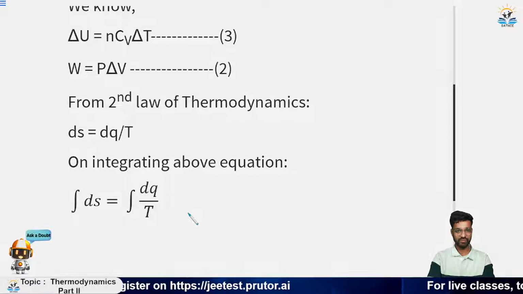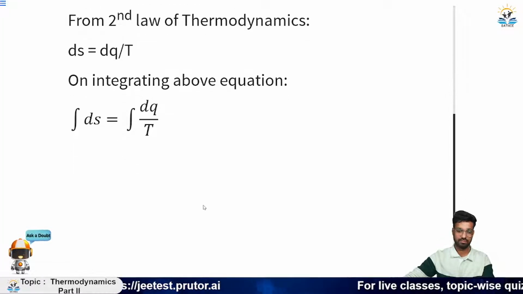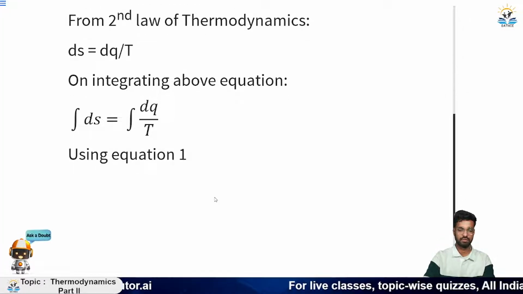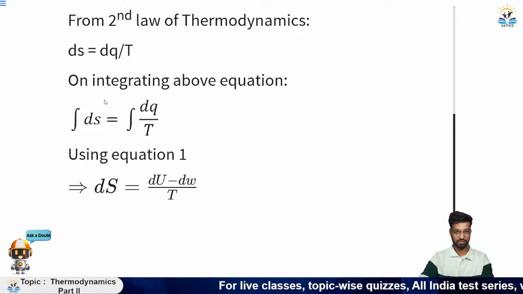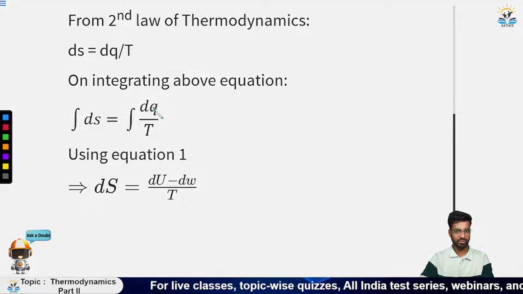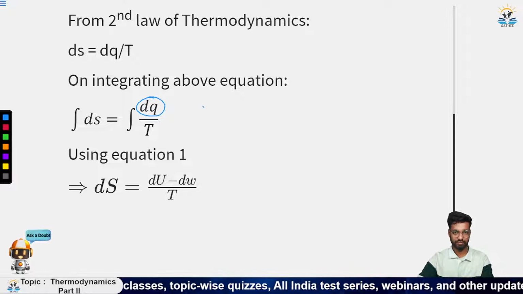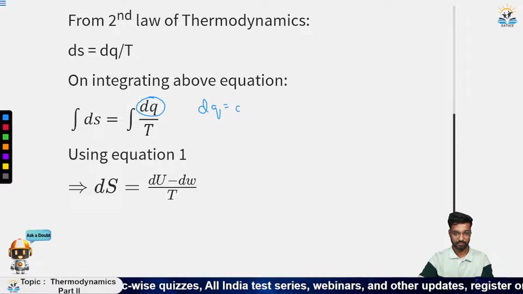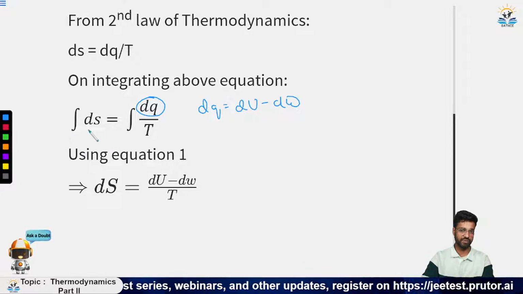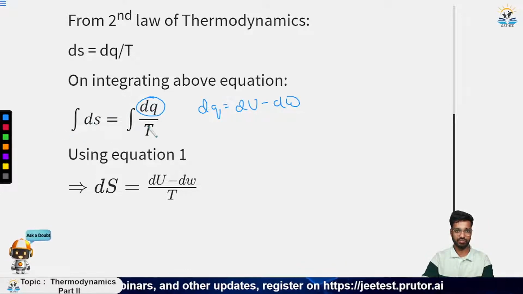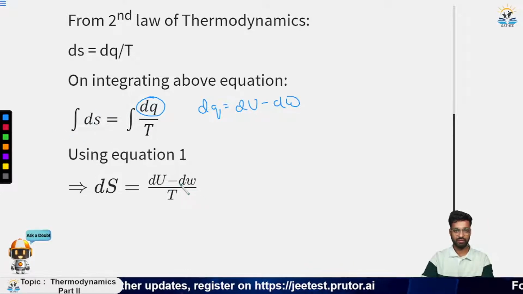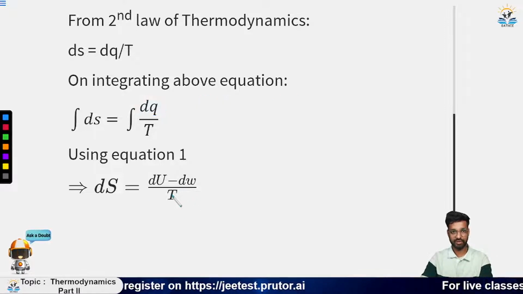So if we integrate this equation, you will get this. Now you know that dq is equal to dU minus dW. We know this equation very well. It is dS is equal to dq by T. Then we will put this here, so it will be dU minus dW.